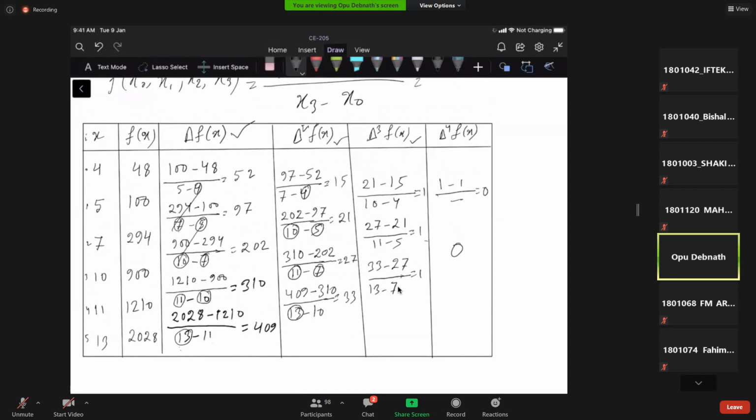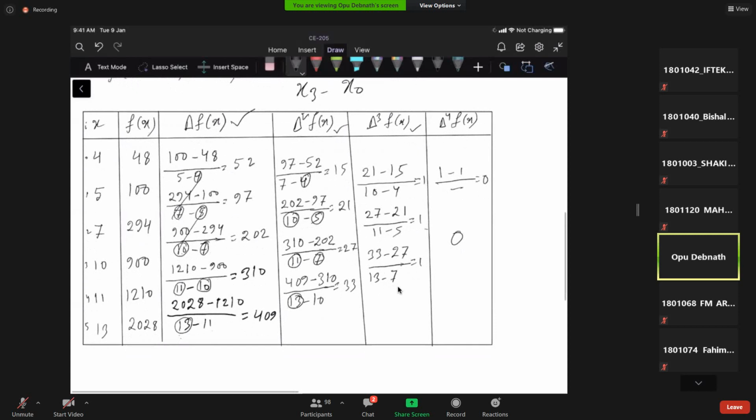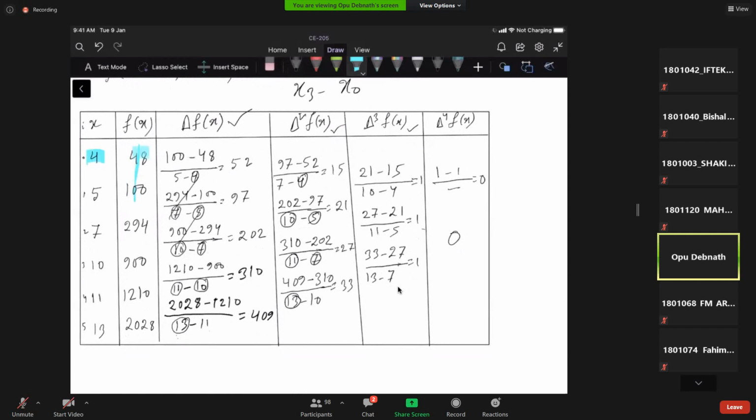Okay, this is our divided difference table. And in this table we will start from the first one. Here you will use these two terms: 100 minus 48 divided by 5 minus 4, and continue up to the last end.